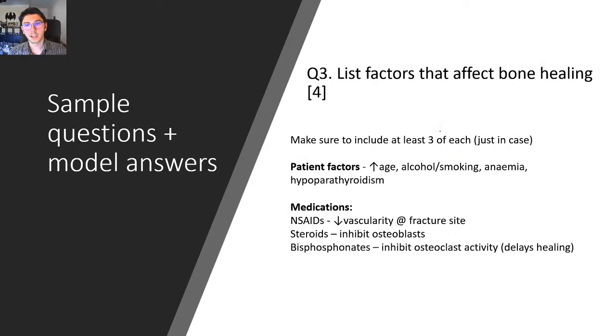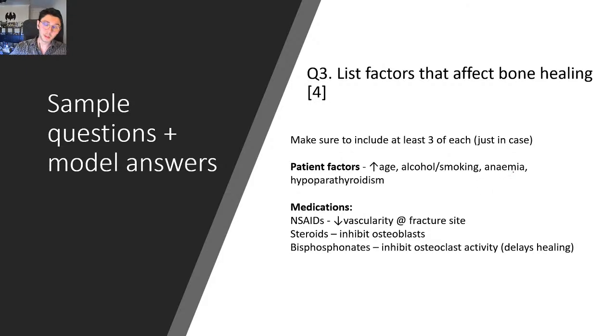So for patient factors, it's always increased age, alcohol, and smoking. So all the processes of the cells, all the inflammation. Alcohol and smoking causes more inflammation, and if you have too much inflammation, the cells become sort of unable to target the healing properly. That's the working hypothesis.